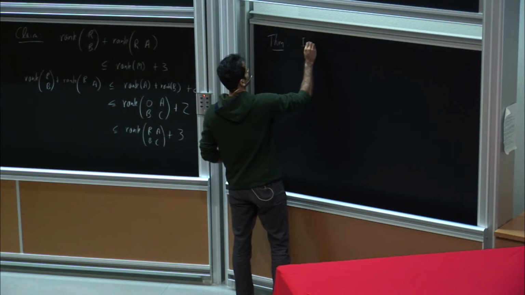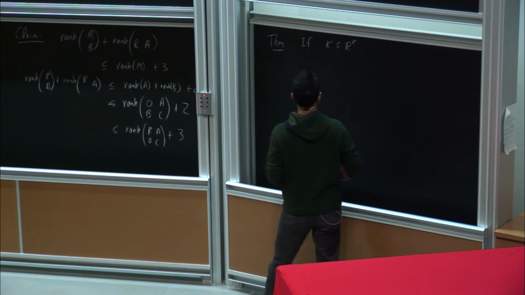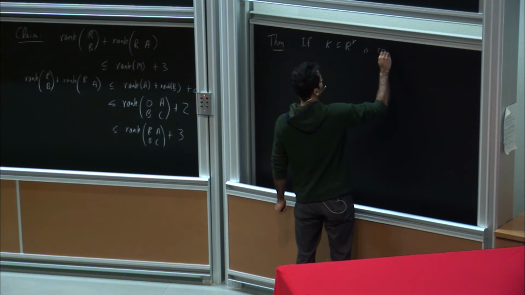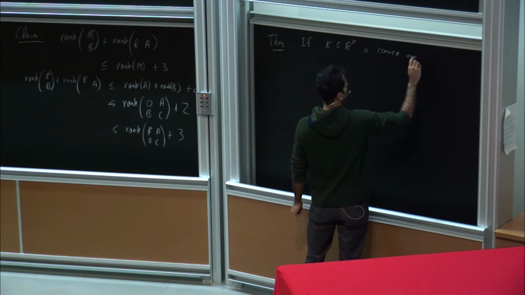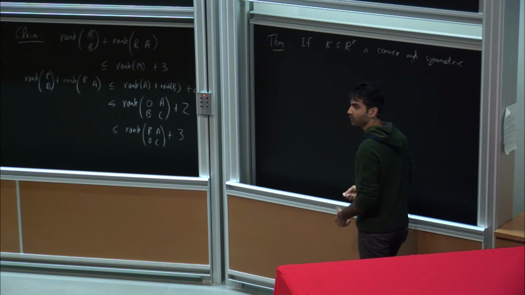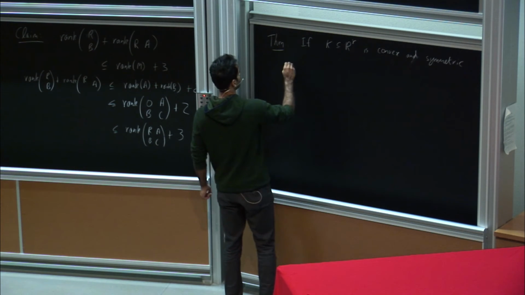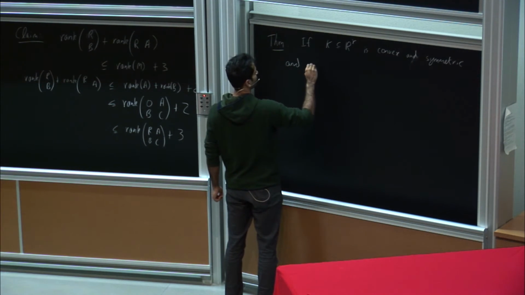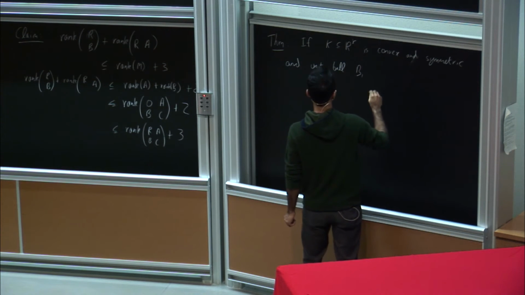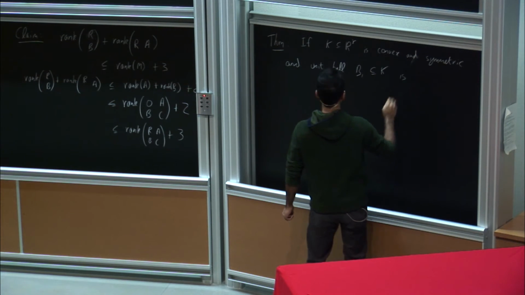It says that if K is a convex body in r-dimensional space, and it's symmetric, where symmetric means if x is in K, then so is minus x, so it's symmetric around the origin, and the unit ball B1 is the largest ellipsoid that's contained inside K.